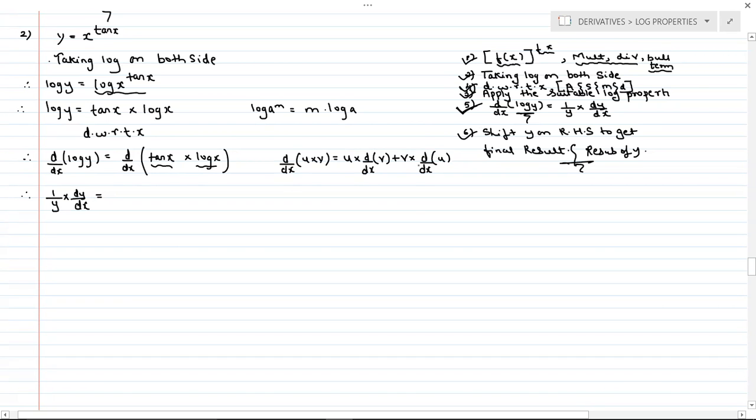Here we will apply the property: u into derivative of log x plus log x into derivative of tan x.